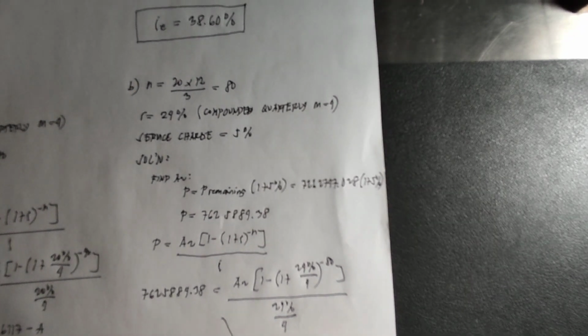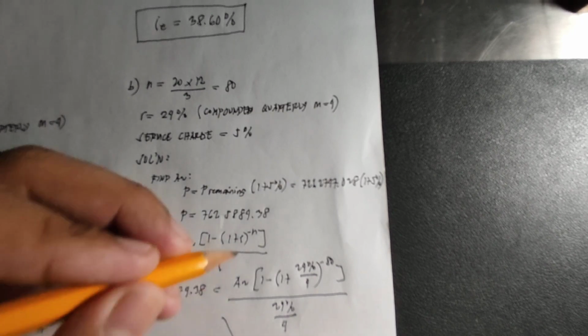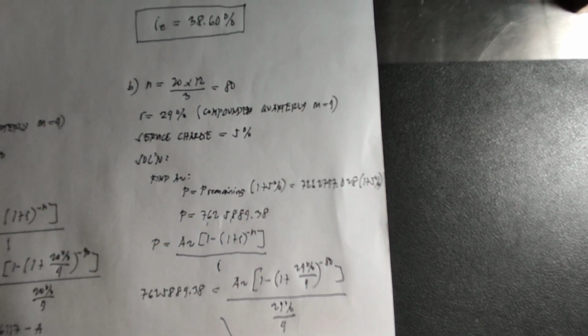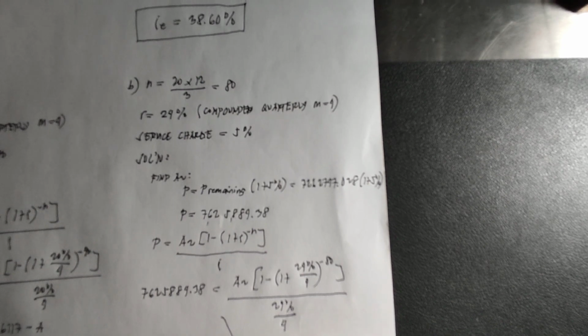Let's substitute the value. 7,262,747.028 multiplied by the quantity of 1 plus 5%. Then our P will become 7,625,884.38 pesos.